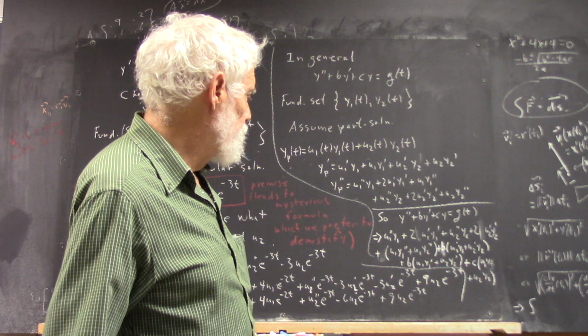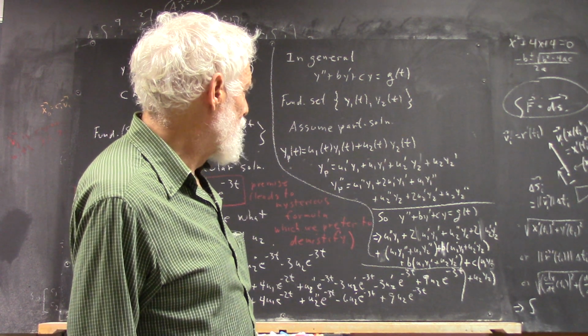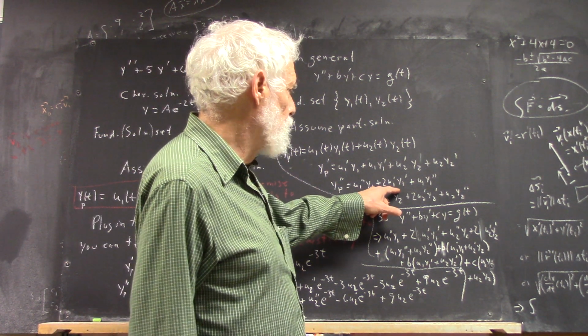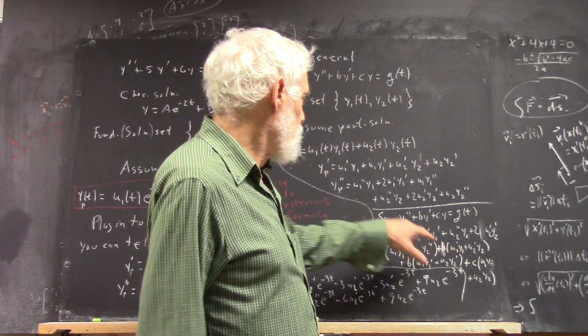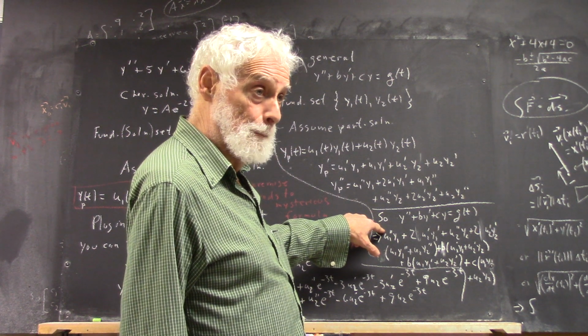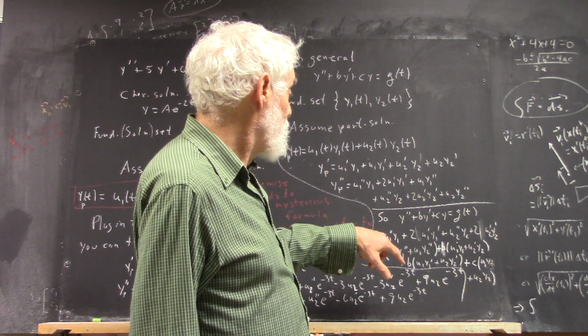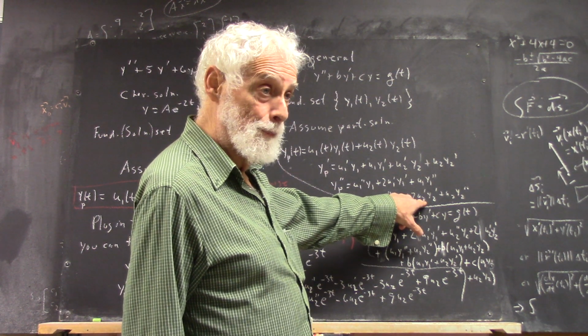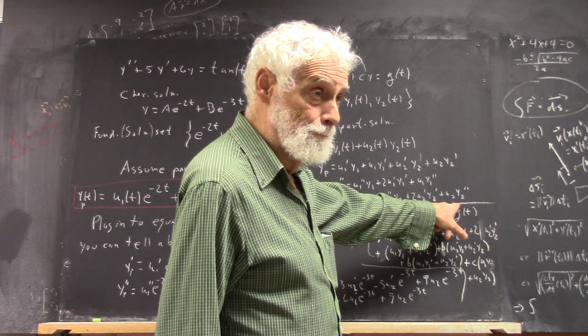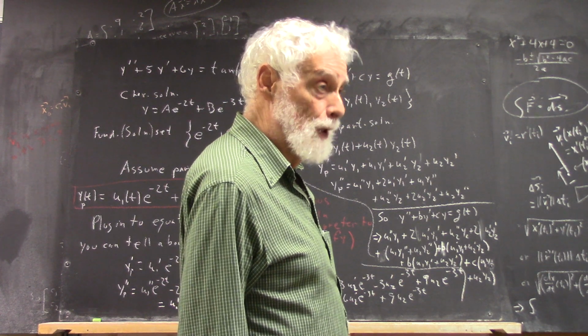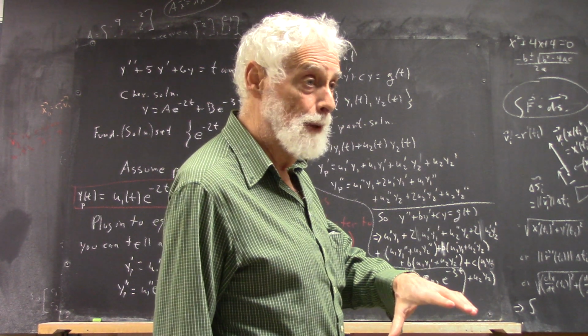And what I did was, I only took the first two terms here and wrote down the expression I would get for those, okay, for the y double prime, and the first two terms here. And then separately, I wrote this term plus this term, okay? Now there's a reason for that, and you'll see the method behind my madness in a minute.